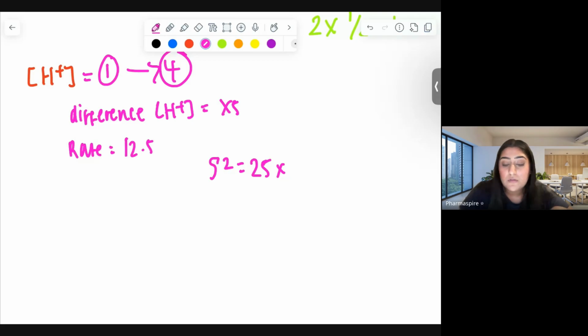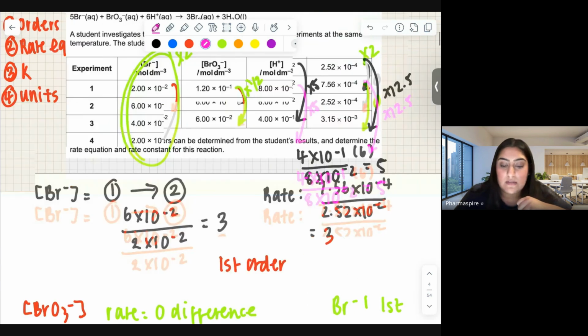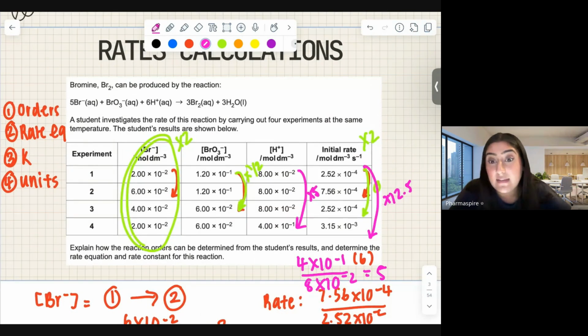Okay, so our issue is that 12 and a half is between 5 and 25, isn't it? So what do you think? Which concentration is going to have halved it? Which one out of these? Exactly, because it's known to half the rate, isn't it?